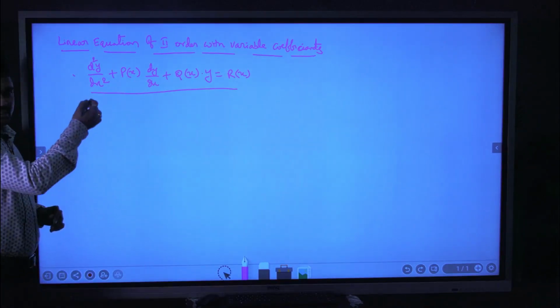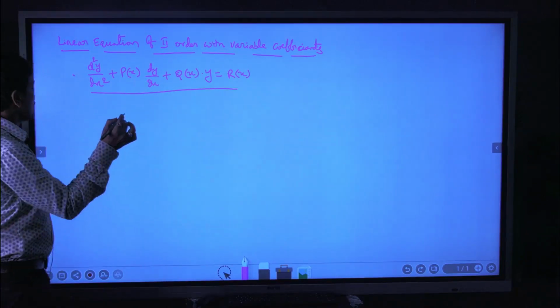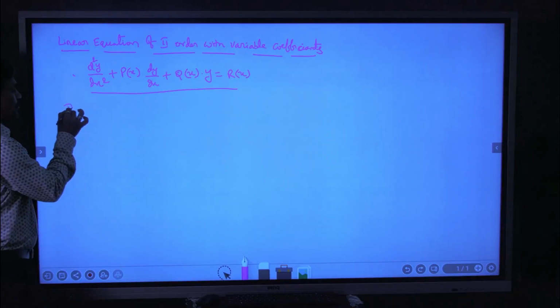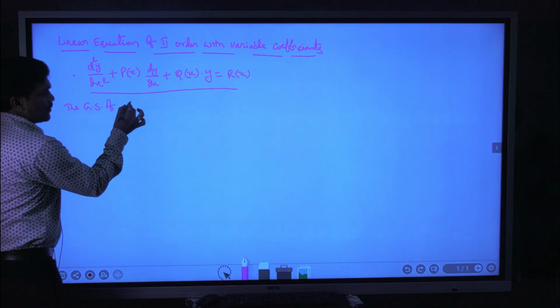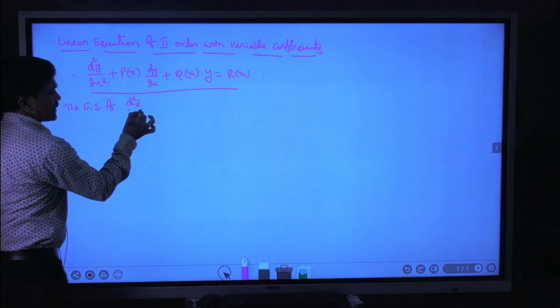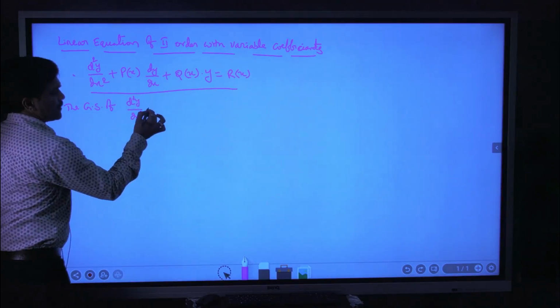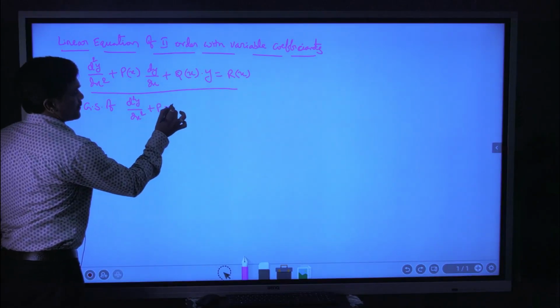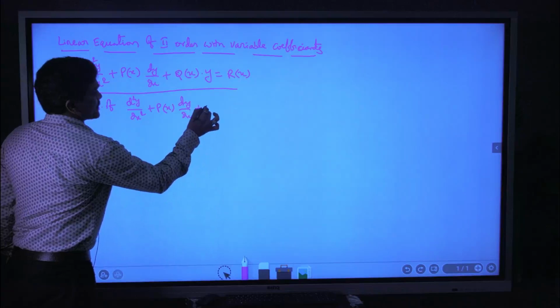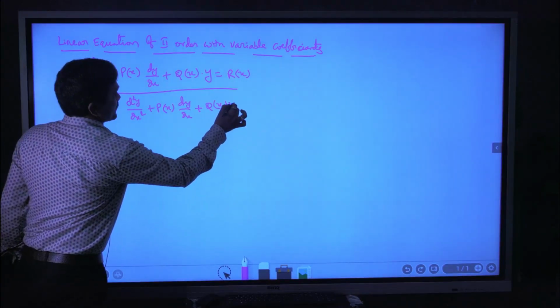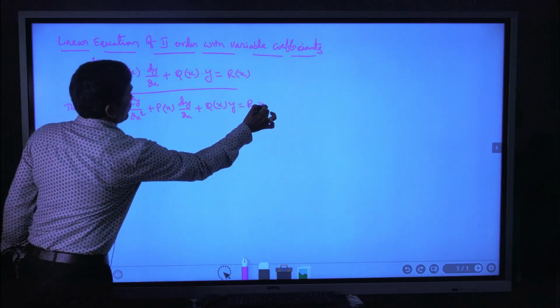To solve this equation, the general solution of second order variable coefficients, p of x into dy by dx plus q of x into y is equal to r of x.